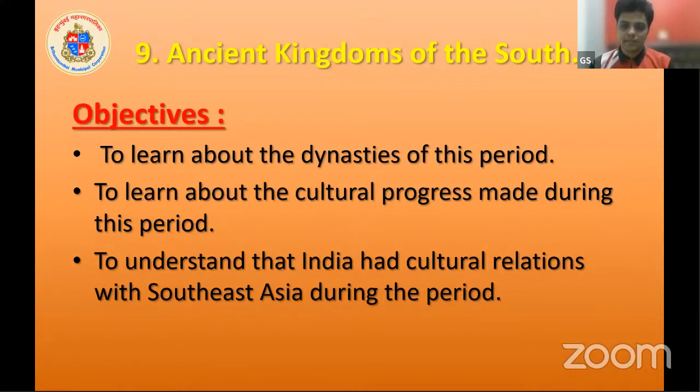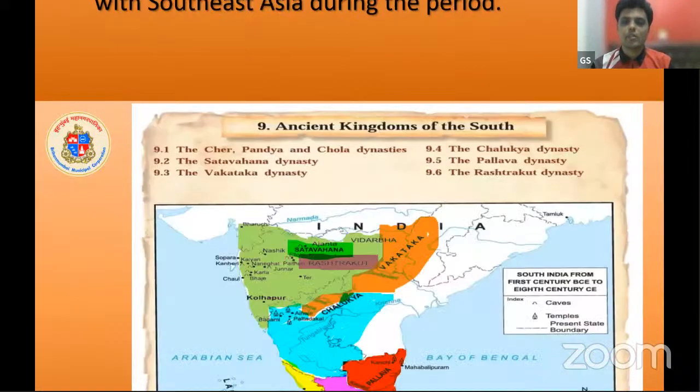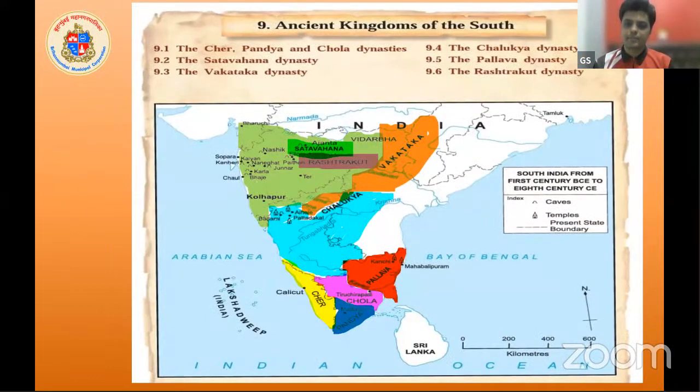Means cultural, traditional, also economical relations of India with Southeast Asia, means the foreign relations. We have already covered all these points in the last 2 lectures. So let us come to the topic, the ancient kingdoms of the South. This lesson was divided into 6 different parts.